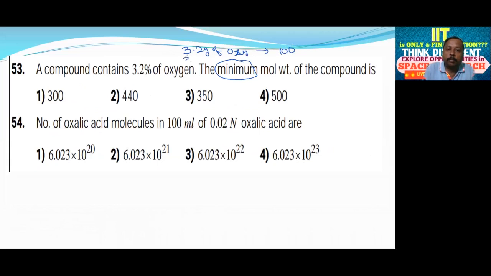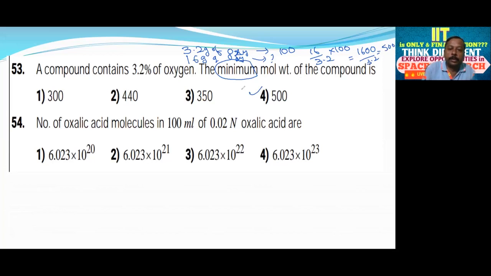If minimum 1 mole of oxygen is a must, then 16 grams of oxygen corresponds to 16 divided by 3.2 into 100, so 1600 divided by 3.2, which is 500.